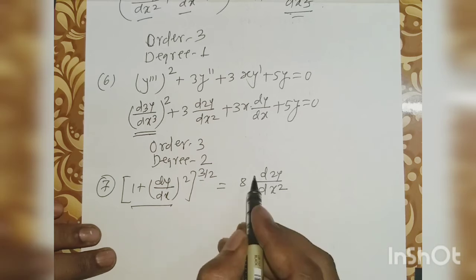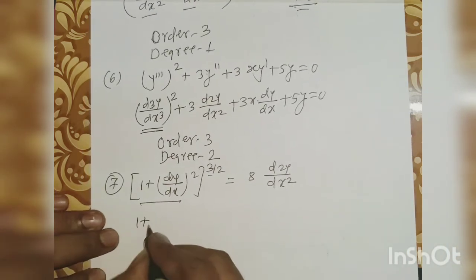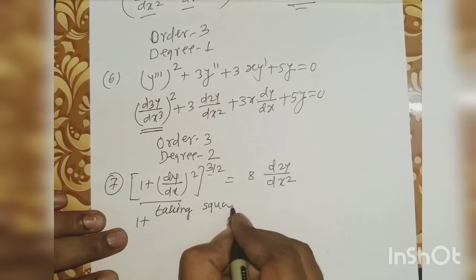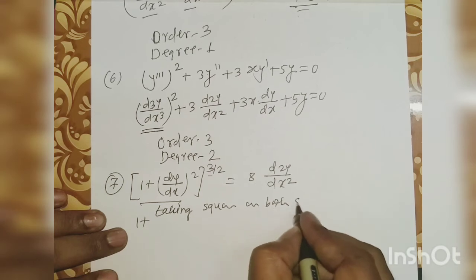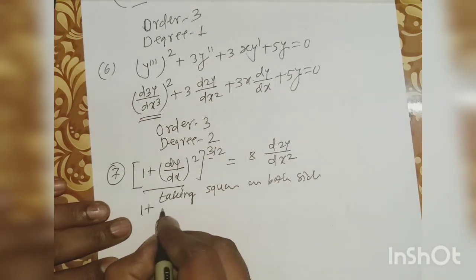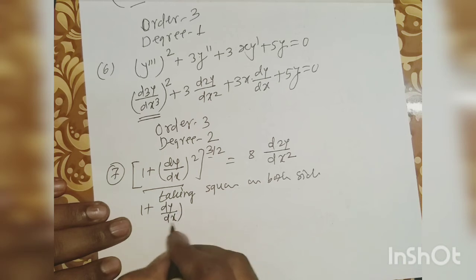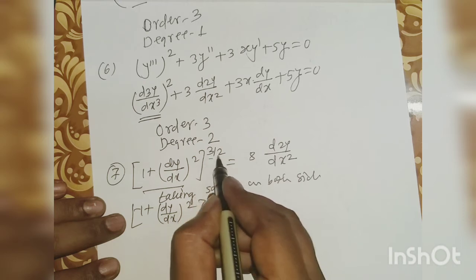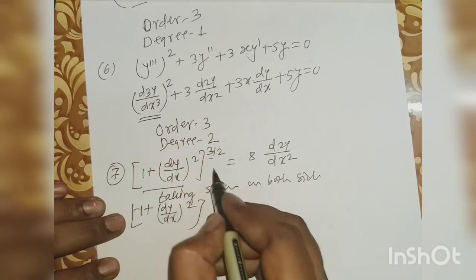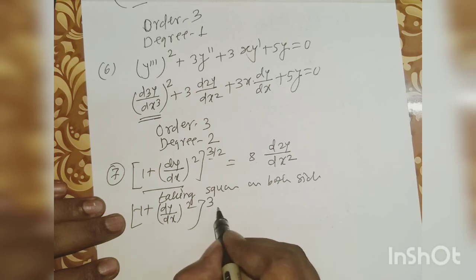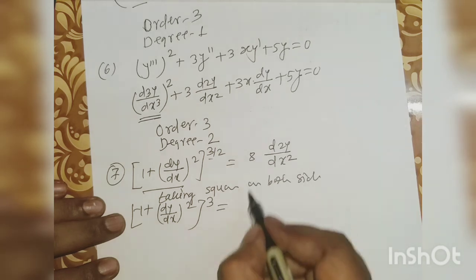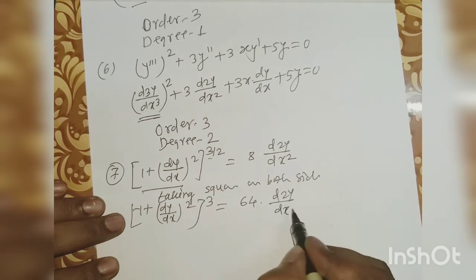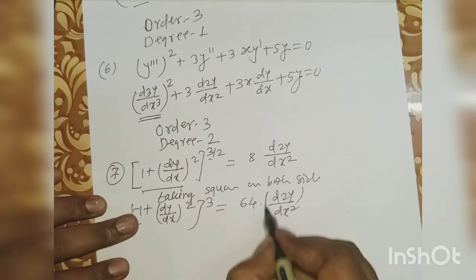That means taking square on both sides, left hand side 1 plus dy by dx bracket square raised to 3y2 raised to 2, that means 2 cancels, only 3, is equal to square of 8 is 64 and d2y by dx square raised to 2.